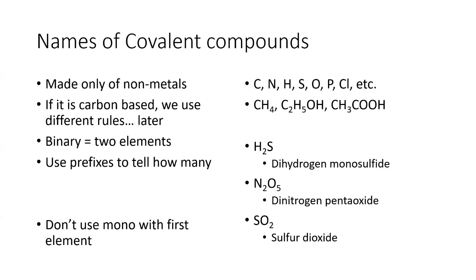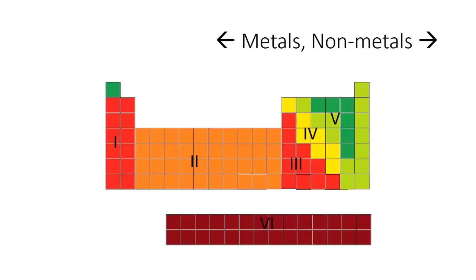This is just a reminder of where those metals and non-metals are. On our periodic tables on the wall, the green and the blue are in this region. Those are our non-metals. If it has anything in red or brown, we don't use these naming rules.